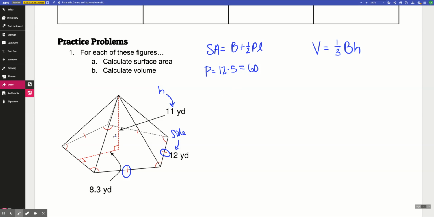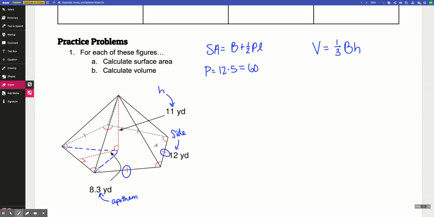Okay, and then the other thing that they tell us here is that the apothem, which it's been a hot minute since you've heard me use that term, okay, but the apothem here, which is like the height of the individual little triangles that make up the base shape, right? So that apothem is 8.3.